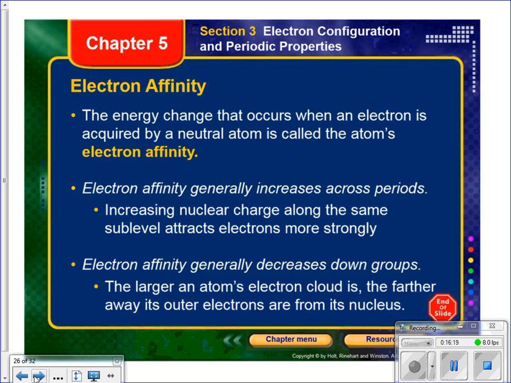So the nucleus is much larger, it's more positive, so it's able to pull electrons away from other atoms. And then electron affinity decreases as we go down the periodic table. And that's because our atom's getting larger.